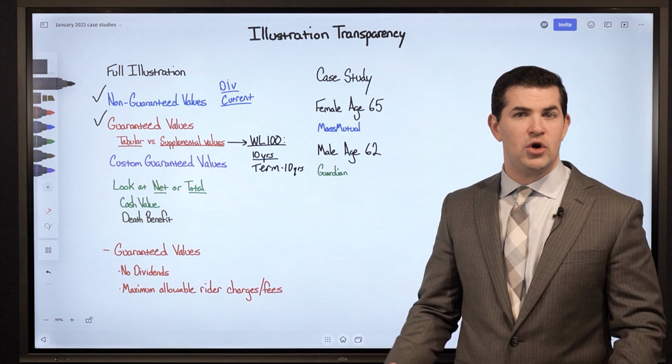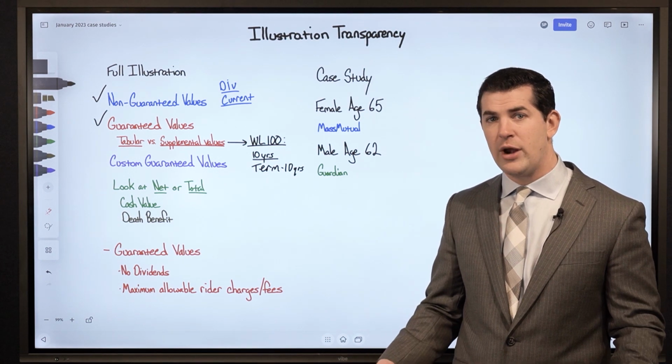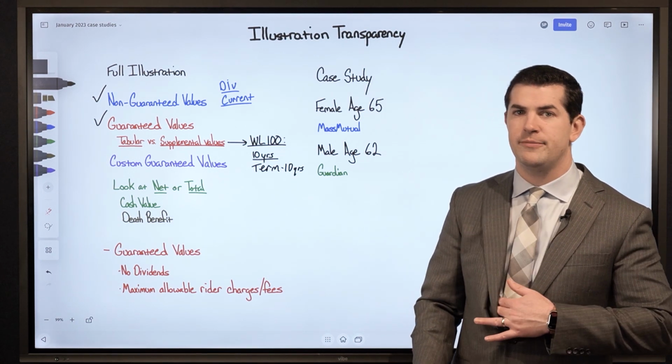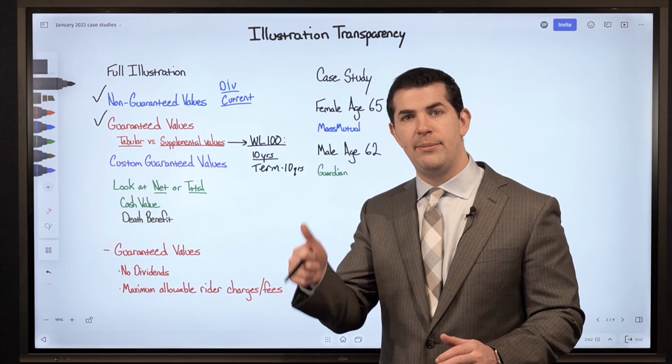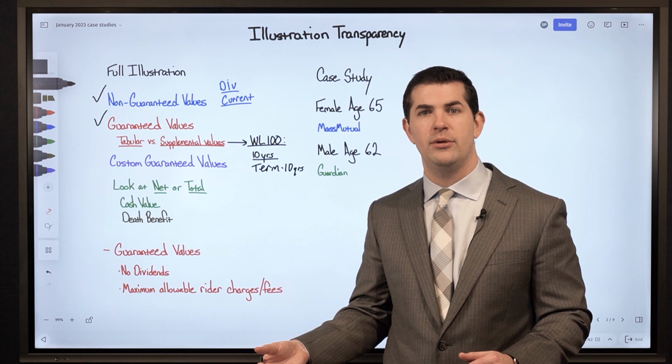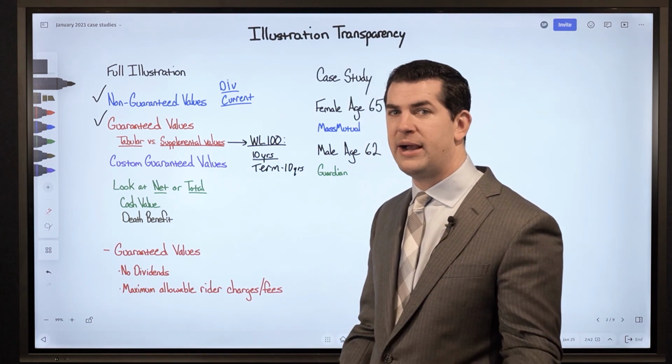What happens if a term insurance rider is attached to a policy and never removed? What happens with the cost of that term rider? It goes up. If the cost continues to go up, what's going to happen to your cash value? It's going to go down. Or your client's going to be forced to pay more money out of pocket.